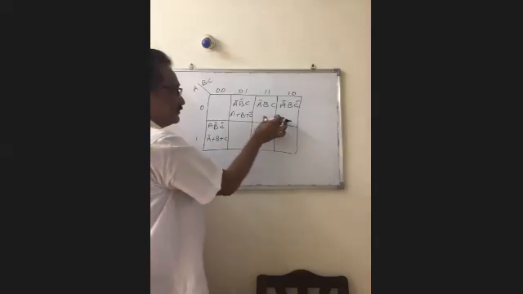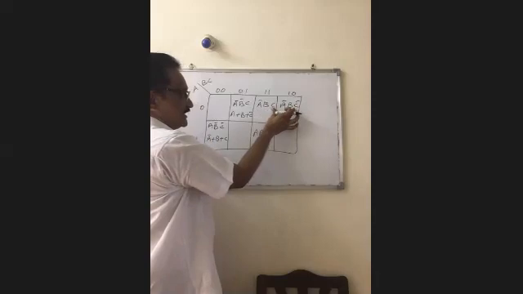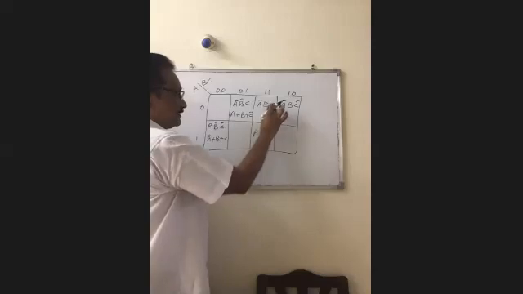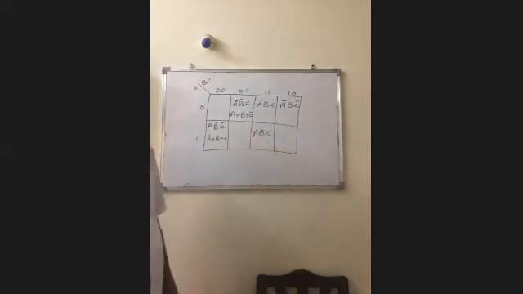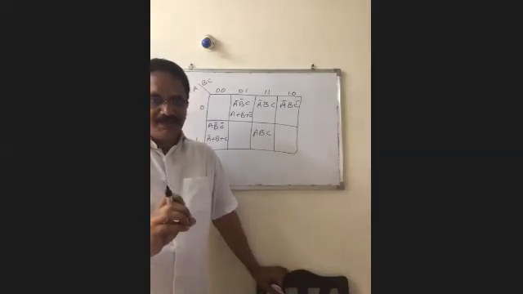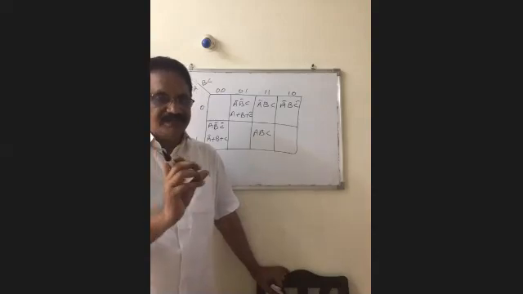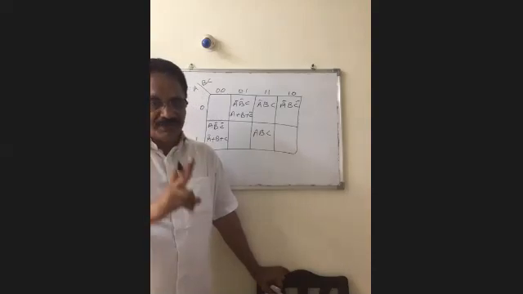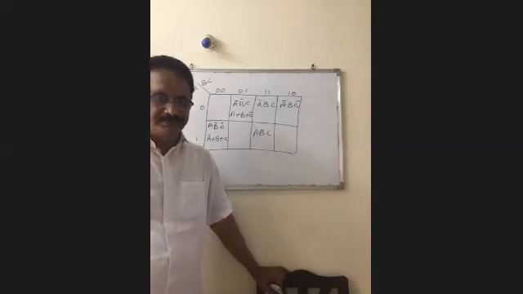Observe these two also: only there is a change in C. Observe these two: only there is a change in the variable A. So, no doubt, the K-map is designed such that in the adjacent squares, there is a change in only one variable. Note that point.